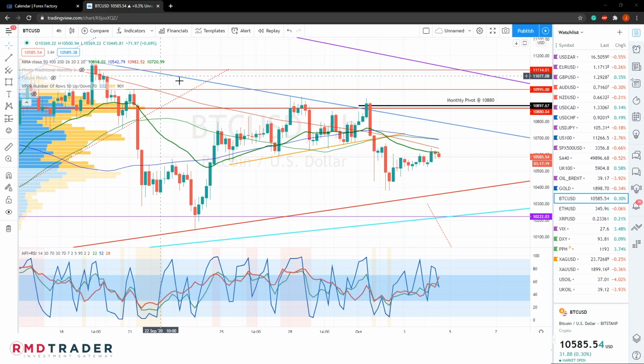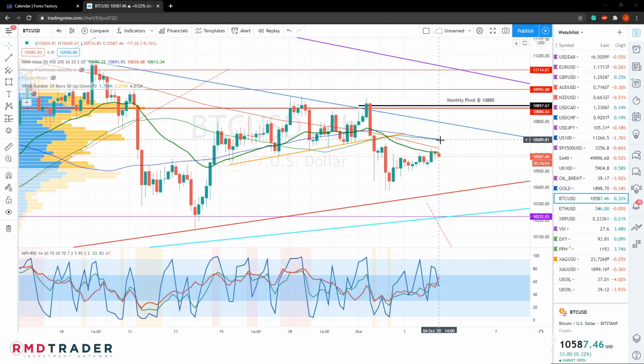Also taking into consideration this new overhead diagonal resistance that's been forming, this line that we see in blue, and also considering that we have broken below this short-term lower diagonal that formed last week. That is where we saw price break lower, and it's possible that we might still see a retest of that breakout area at 10,690.